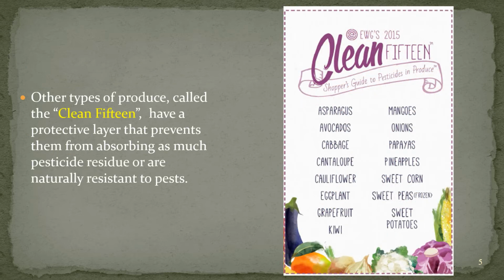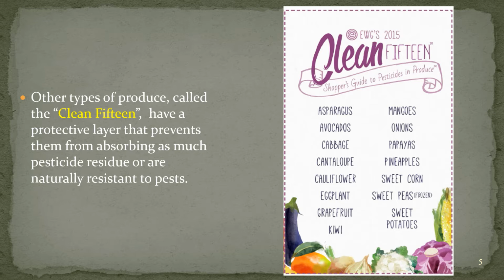The Clean 15 are the types of produce that have a protective layer that basically prevents them from absorbing as much pesticide residue, or they're naturally resistant to pests because of this outer layer. So they tend to be cleaner to eat, supposedly. Okay, so this includes asparagus, a personal favorite of mine.